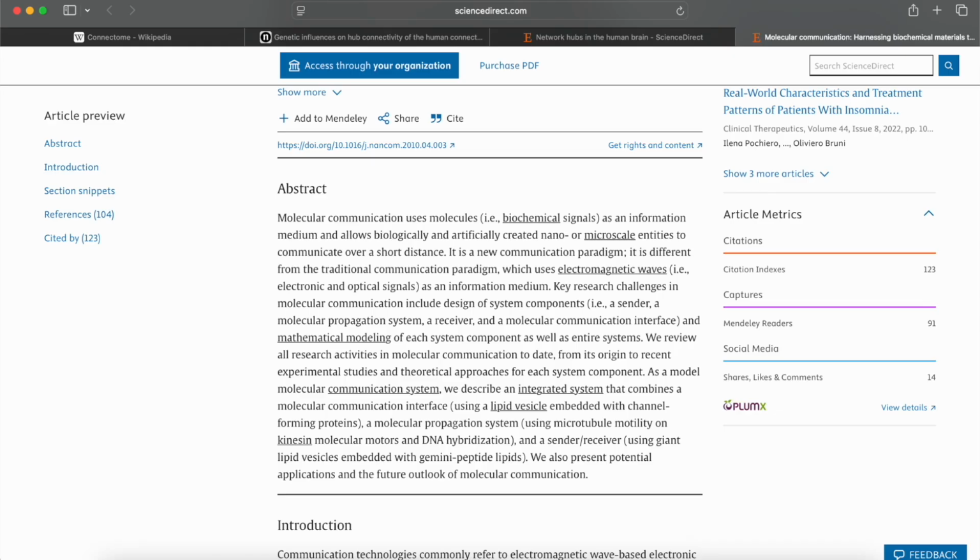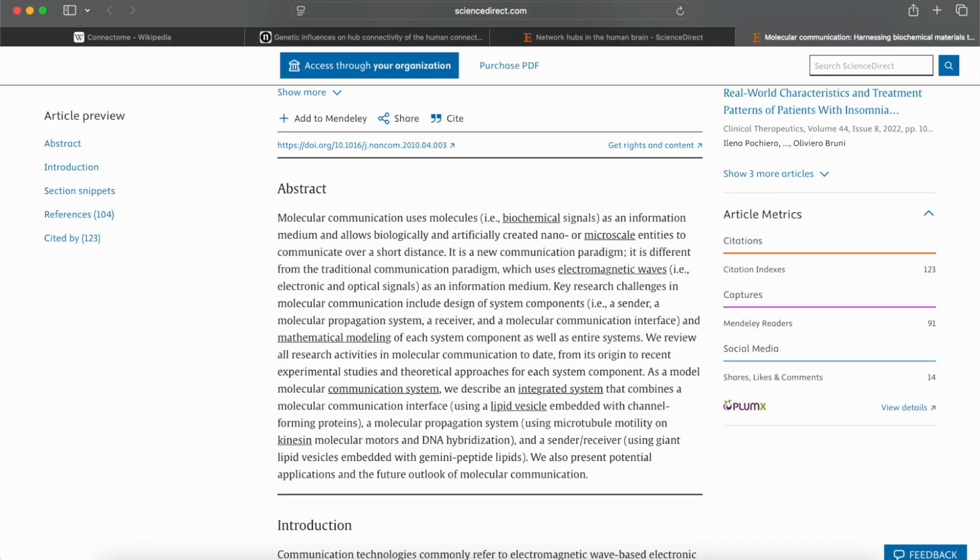Key research challenges in molecular communication include design of system components, like a sender, a molecular propagation system, a receiver, and a molecular communication interface, and mathematical modeling of each system component, as well as entire systems.